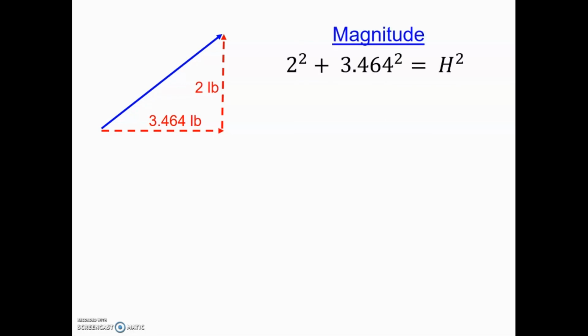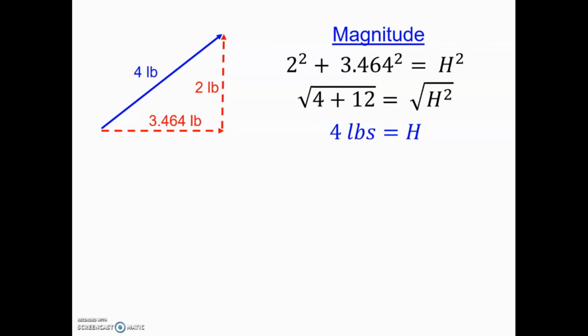So I'm going to say 2 squared plus 3.464 squared equals my hypotenuse, or that overall magnitude, squared. So if I plop that into my calculator, roughly we get 4 plus 12. To isolate that hypotenuse, I'm going to take the square root on both sides, which means that my hypotenuse is 4 pounds. That is my overall magnitude.